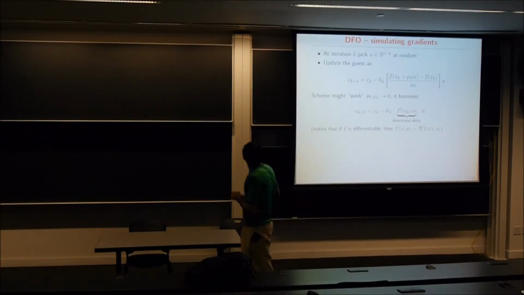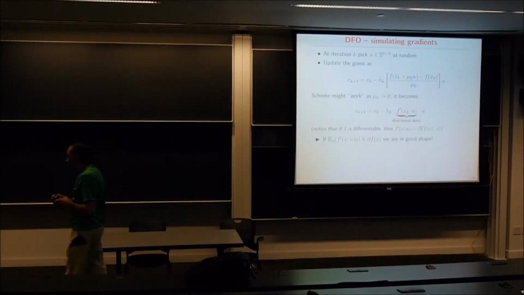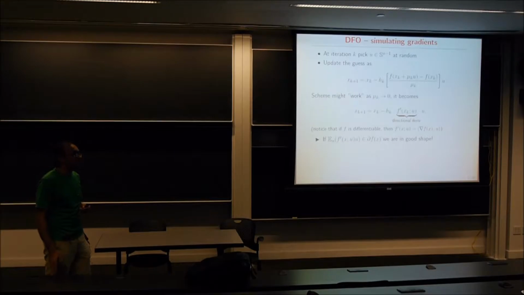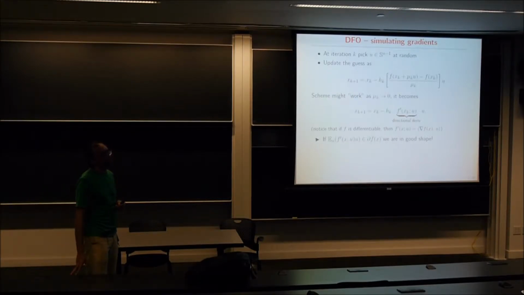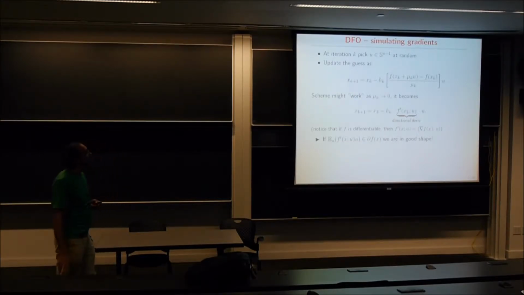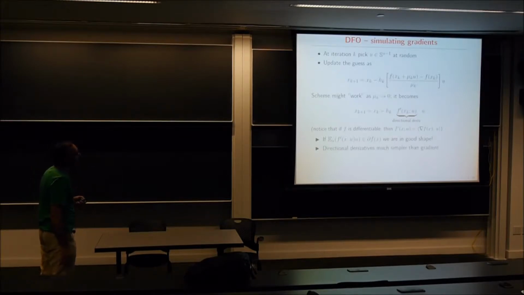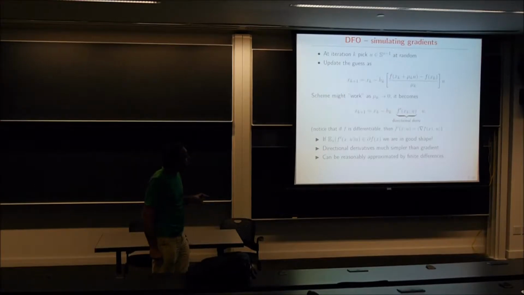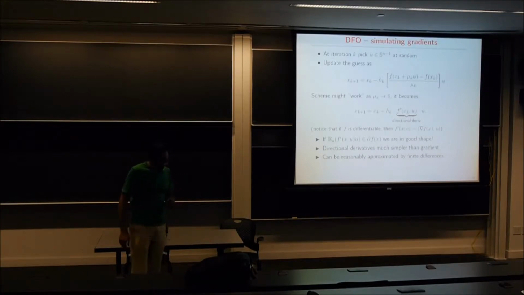So ultimately what we are trying to do is, if the expectation of that object under randomization generates a subgradient or a gradient for us, then we are in great shape. And directional derivatives are good because they are numerically reasonably well approximable by finite differencing. So you can even automate a lot of this process.